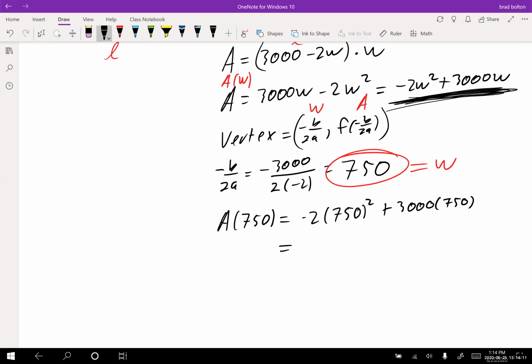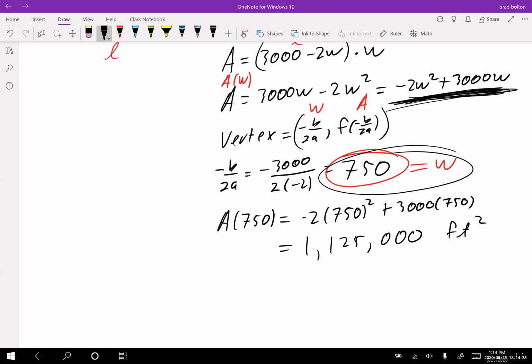So I get 1,125,000 square feet. So that is the largest area, and W is the dimension that makes it happen.